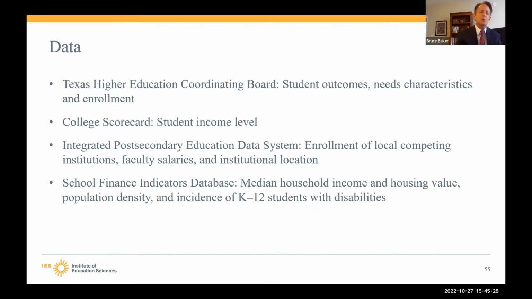And another data set that we relied on provides information on the public K-12 school districts that serve as the backdrop, the pipelines from which students come to go into these community college systems. We use the School Finance Indicators database, which is something that I'm a co-creator of, that is housed through the Albert Shanker Institute. It's also just at schoolfinancedata.org.